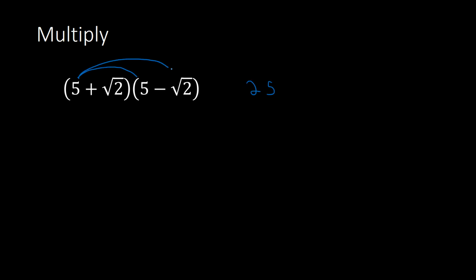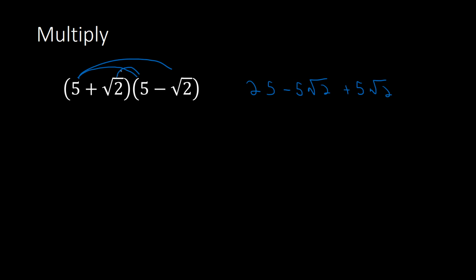Now notice in this next example, if we take a binomial and multiply it by the conjugate, let's see what happens. Well, when you multiply, you have 5 times 5, which gives you 25. 5 times negative square root of 2 would give you a negative 5 times square root of 2. And then square root of 2 times 5 gives you a 5 times square root of 2.